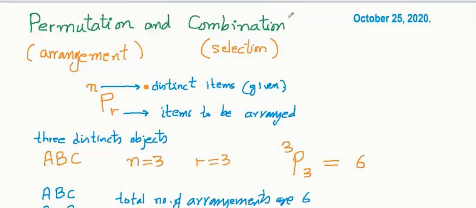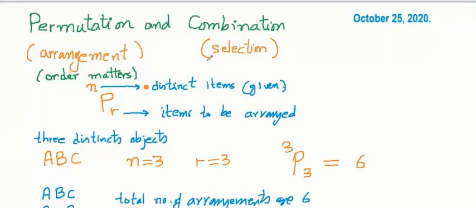Okay. And in arrangement, what is important? Order of the objects matters. Like AB is a different arrangement than BA. So that's why we say that order matters here.